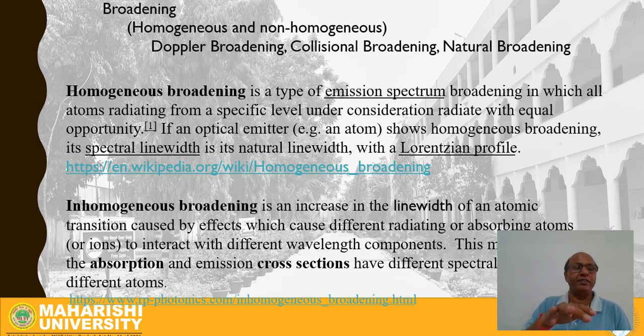That means they are all simultaneously and equally participating in the emission process, right? So if an optical emitter shows homogeneous broadening, then its spectral line width, the line shape factor we just discussed, is its natural line width, and that will have a Lorentzian profile.